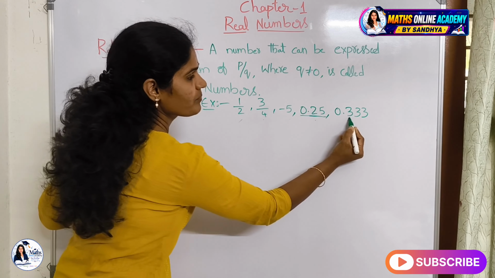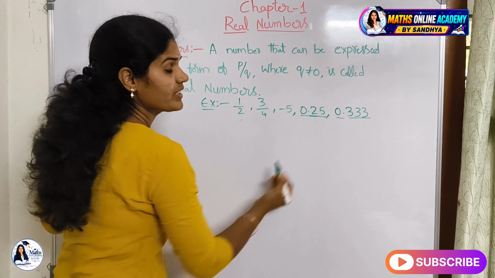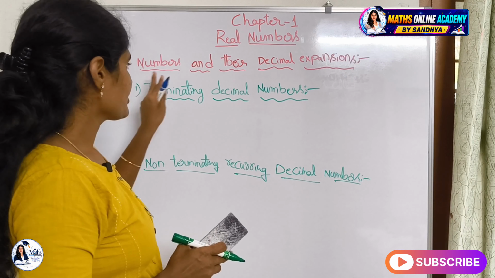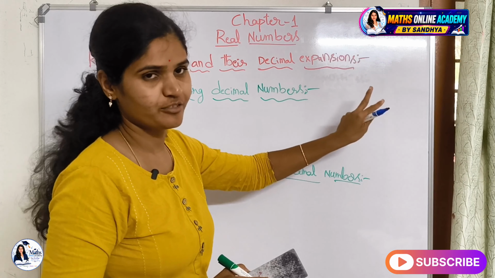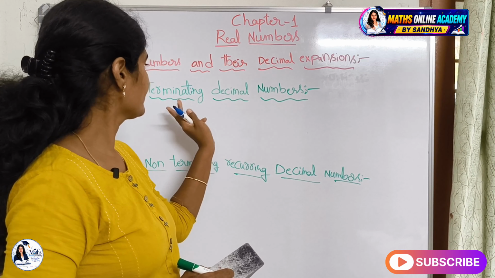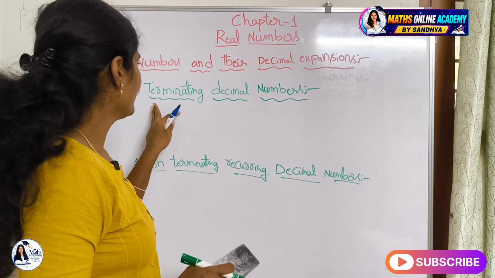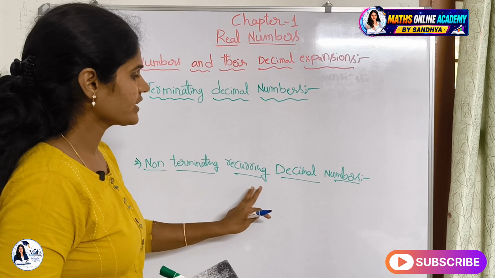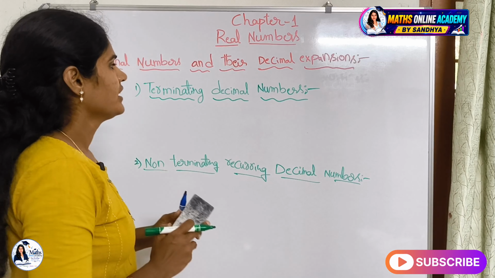These are based on decimal points. There are two types of rational numbers by their decimal expansions. Let's discuss their behavior: terminating decimal numbers and non-terminating recurring decimal numbers.